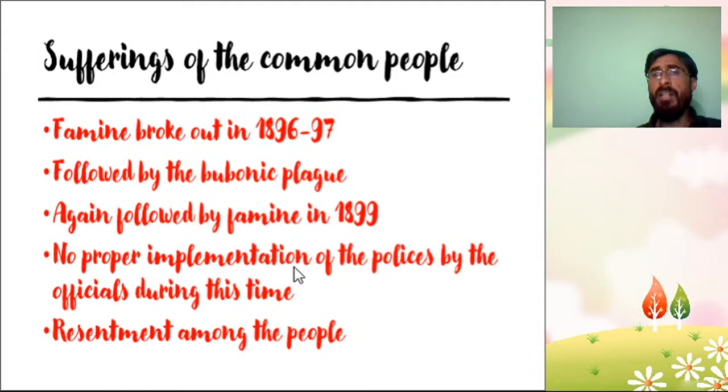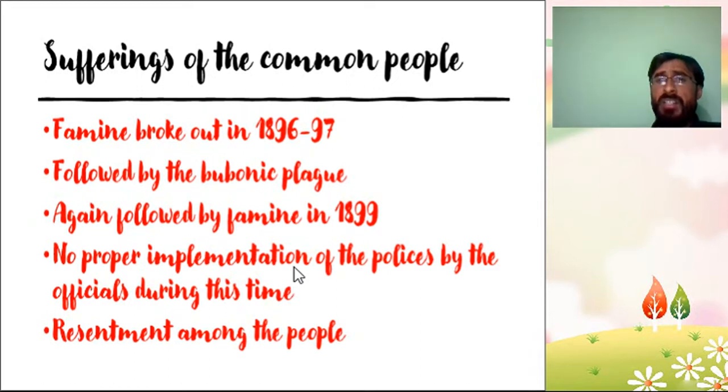On the other hand, various calamities took place under which Indians suffered a lot. In 1896-97, a famine broke out. This was followed by a bubonic plague. This was once again followed by a famine in 1899, and Indians had to suffer a lot.